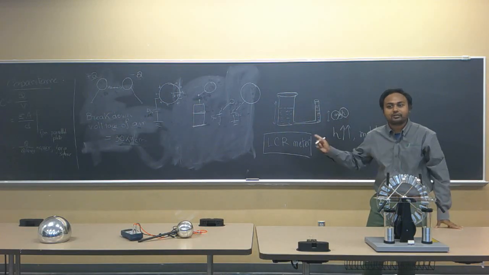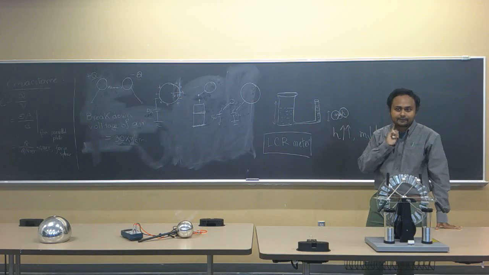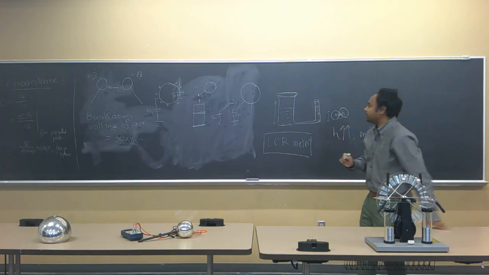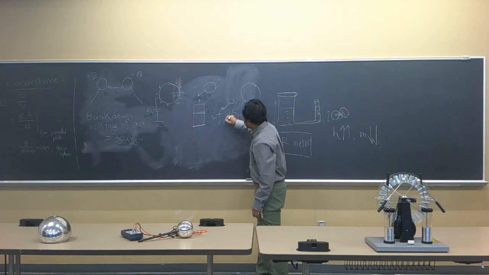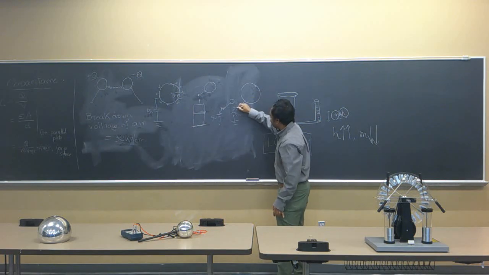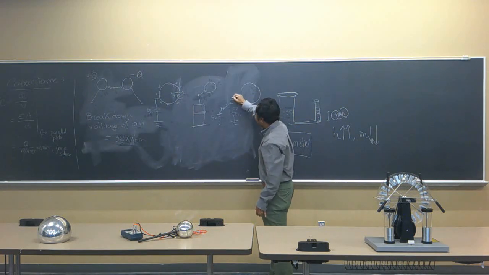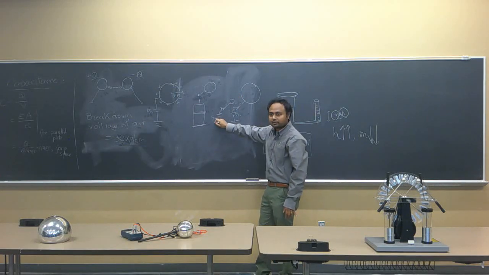Smaller. Why would the smaller guy reach 5 volts faster? Let's try to understand. If I turn on the switch, then both 5 volt sources will try to charge the smaller guy and the bigger guy. But the smaller guy needs less charge to get to the same voltage.